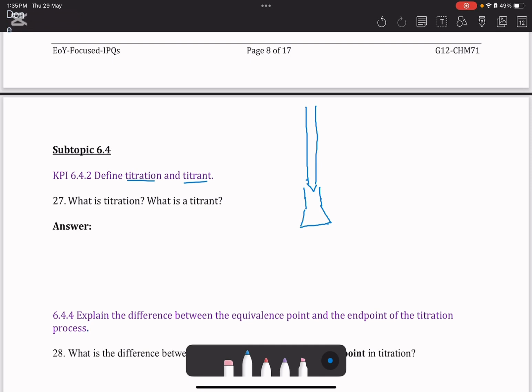Now, this burette usually is filled with what we call the titrant, and that is the solution of known concentration. We use it to do the titration for a solution that is in the conical flask, but the solution in the conical flask, we don't know its concentration. So it is called the analyte, the solution with unknown concentration.